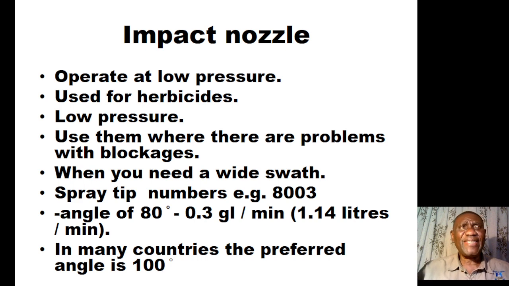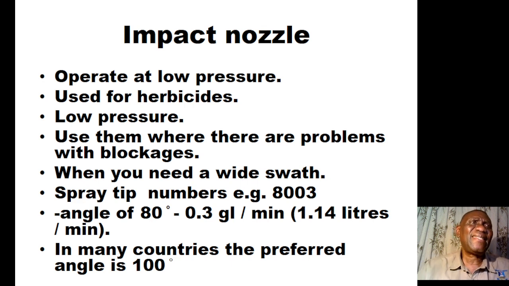Now, if you look at the tip of the nozzle, for example, it has got 8003, meaning the spray angle is 80 degrees. 0.3, this one is in gallons per minute, which is 1.14 liters per minute. That is the information which is being carried.